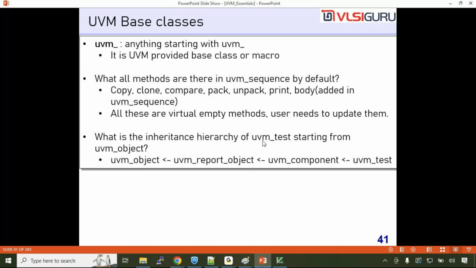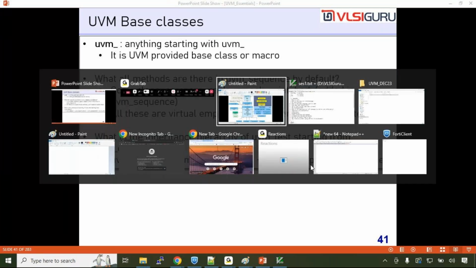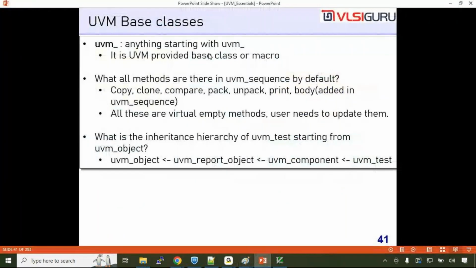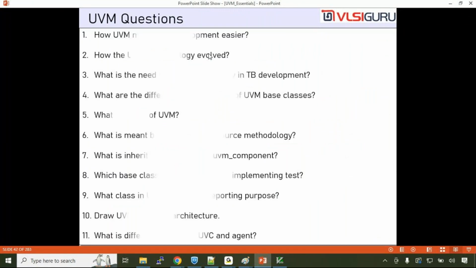What is the inheritance hierarchy for UVM test? UVM test is inherited from UVM component, which is inherited from report object, which is inherited from UVM object. I mean, that level of understanding you should have about this diagram. Some questions are there.